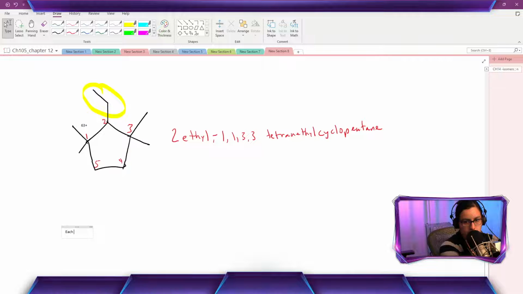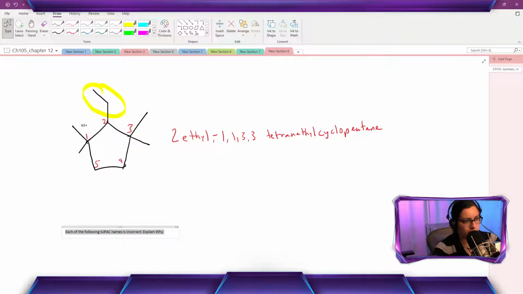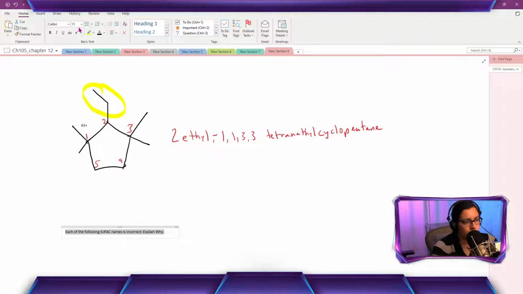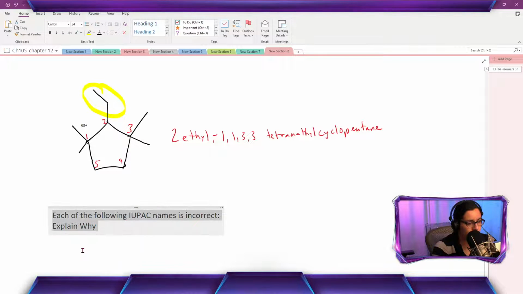So it says something like, each of the following IUPAC names is incorrect. Explain why. You're talking about one of these, right? And so let's look at one of them.